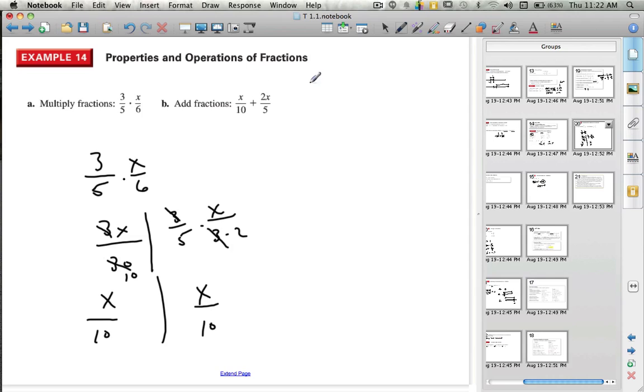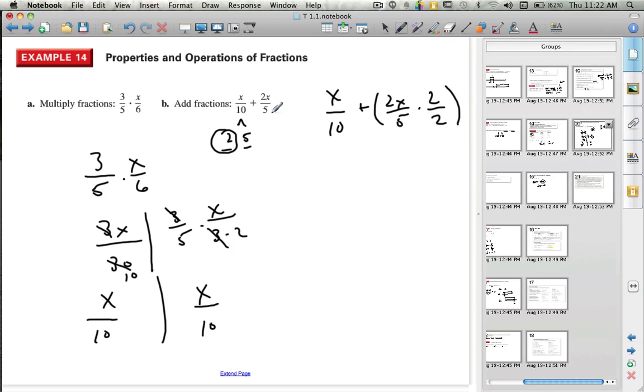If I want to add fractions, I need common denominators. I take a look at 10. This is very simple. 10 is 2 times 5. So the factors in my denominator are going to be 2 and 5. And then also this 5. So the common denominator will be 10. So I'll have x over 10 plus 2x over 5 times another fraction that equals 1 that introduces this 2 that was missing from this denominator.